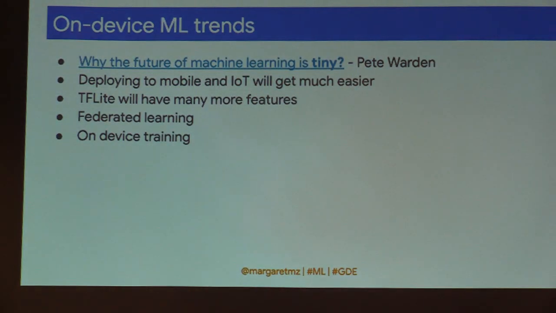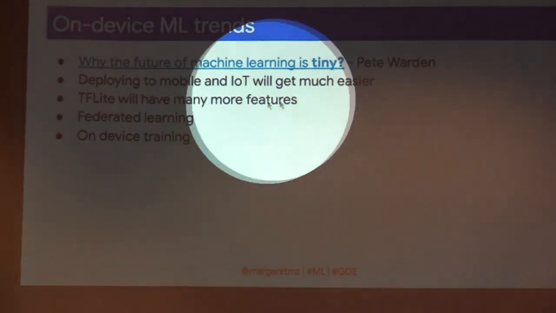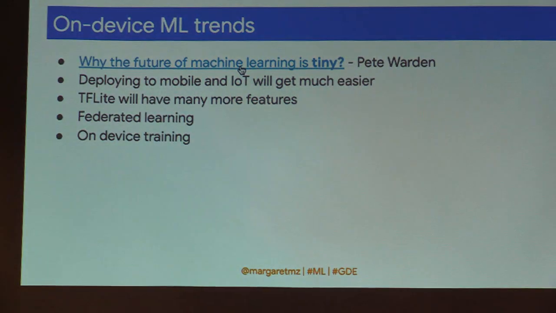All right, so here's the on-device machine learning trend that I see. In 2018, Pete Warden, who is the TFLite lead, wrote a blog post called "Why the Future of Machine Learning is Tiny." I highly recommend everybody read that article, because I think there are many trends in machine learning, but really the trend is going small on mobile edge devices, right?